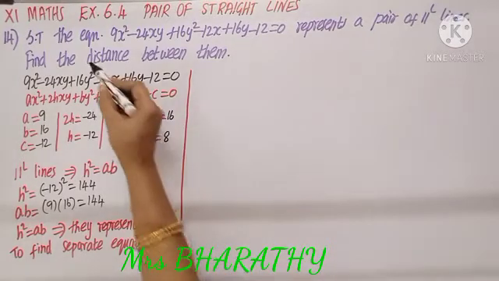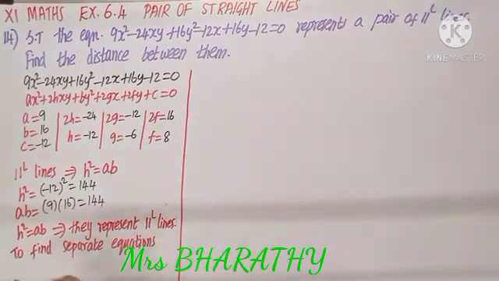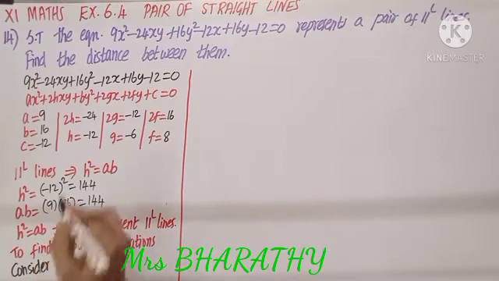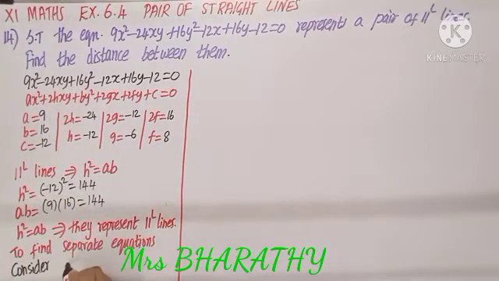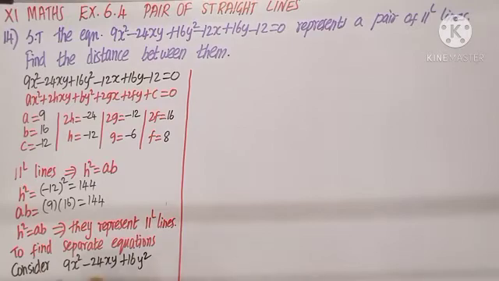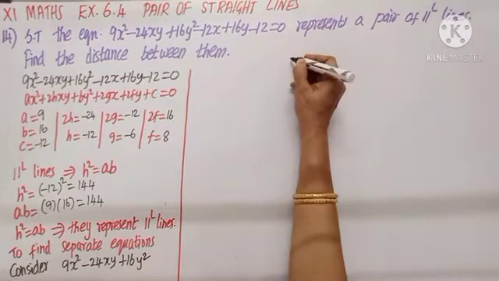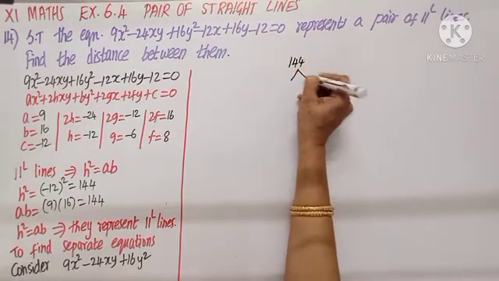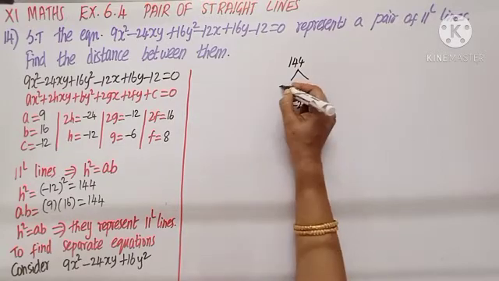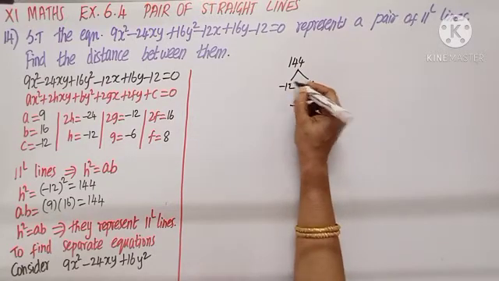To find the distance between them, we need the separate equations, for which let us consider the x square, xy and y square terms: 9x square minus 24xy plus 16y square. As we factorize, 9 into 16 is 144. I want minus 24, so it is minus 12 into 12.